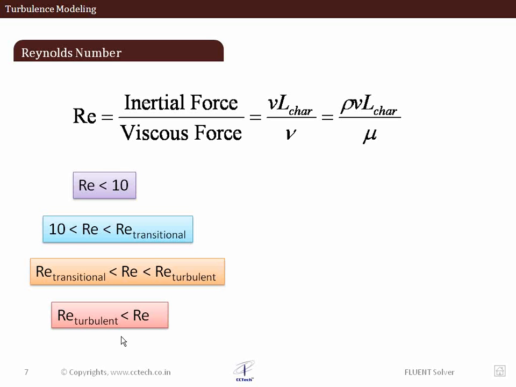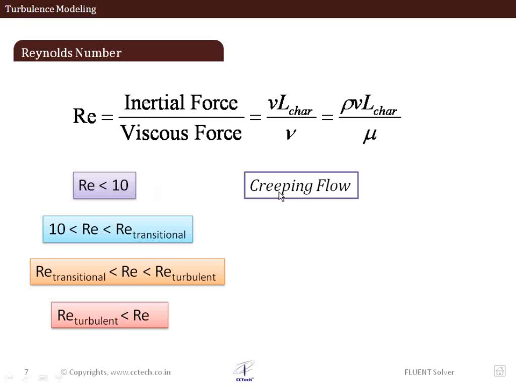So just to classify how we approach turbulent flow in terms of Reynolds number, let's have a look at different kinds of Reynolds numbers. Reynolds number is defined as the inertial force upon viscous forces, and we are very well familiar with the definition in terms of mathematics. When the Reynolds number is less than 10 for most problems, we have a flow regime called the creeping flow regime.